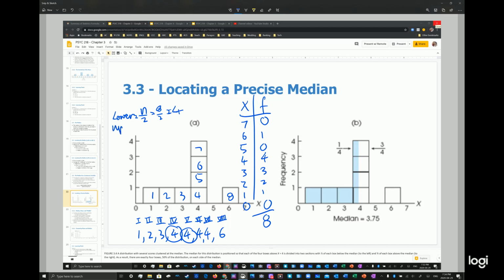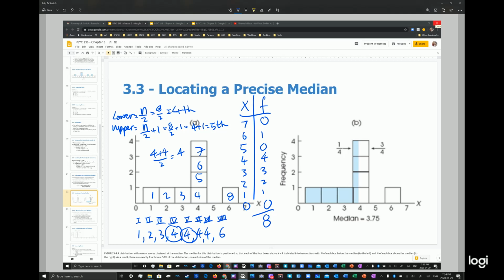And the upper number, or the upper pair, is 8 over 2 plus 1, which is 4 plus 1, which is 5. Cool. So we're looking at the 4th and the 5th score, and we average those out. Well, 4 plus 4 divided by 2, so 8 divided by 2, is 4. Okay.